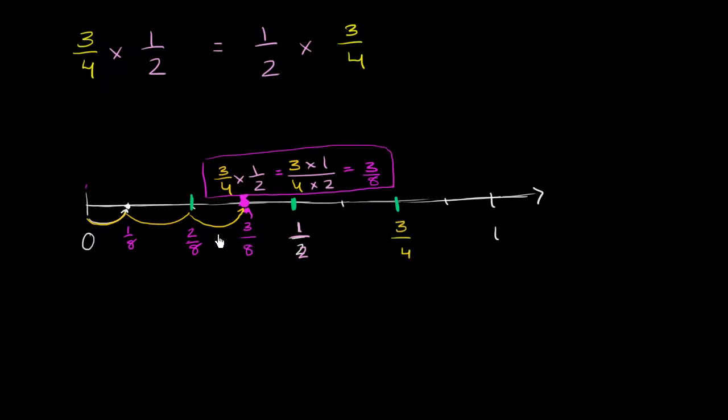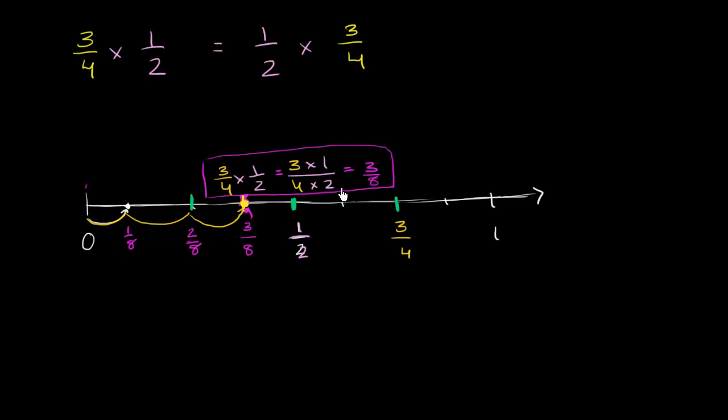Well, we split this section into 2 equal sections, and we want to go exactly one of those sections. 1/2 of 3/4 gets us, once again, right over here to this point, 3/8.